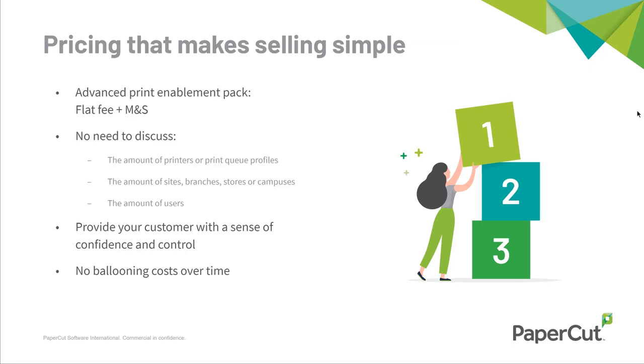So with the new no ballooning costs over time, Willem, that really means that it doesn't affect the lease terms, this Print Deploy. Yeah, so for a reseller going out to a customer, 2 years into a lease, you don't have to go back and have a conversation about increasing the SKU specific for Print Deploy because they've run out of user seats, or they've opened a new branch.